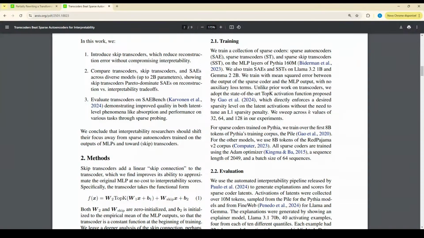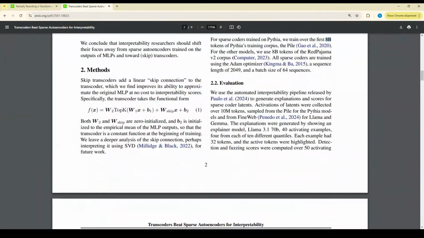We trained 3 different values of K, so 32, 64, and 128, and all the SAEs were trained on at least 8 billion tokens. In the case of Pythia, they were trained on the Pile, and in the case of both Gemma and Llama, they were trained on RedPajama v2.